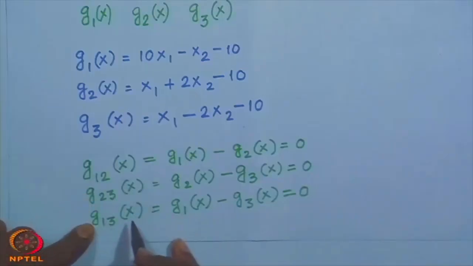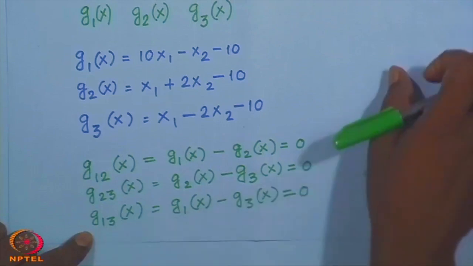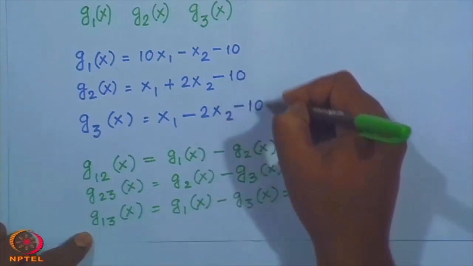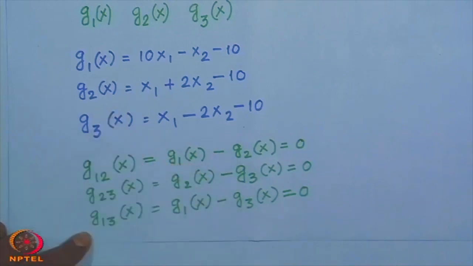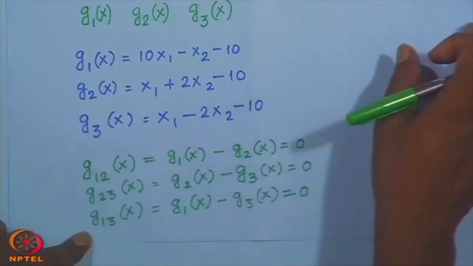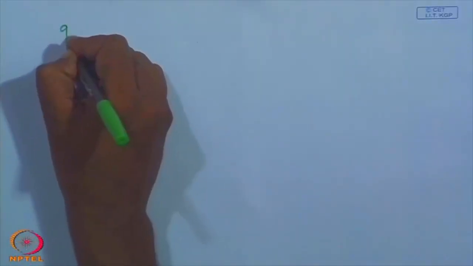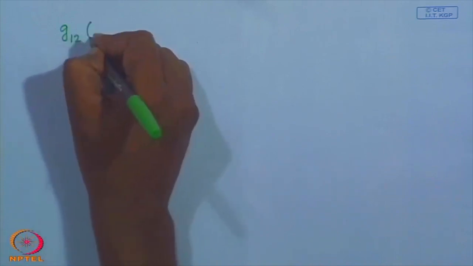Now, let us see what each of these functions g12x, g23x and g13x become using the discriminating function values g1x, g2x and g3x. So, my g12x is nothing but g1x minus g2x.